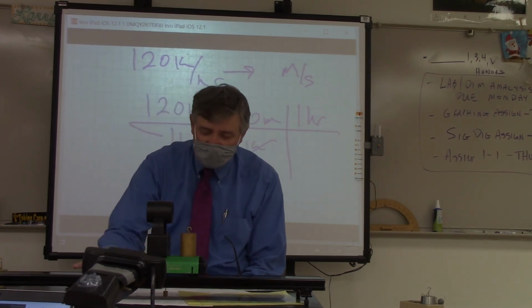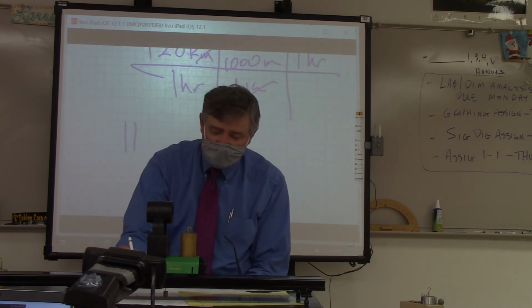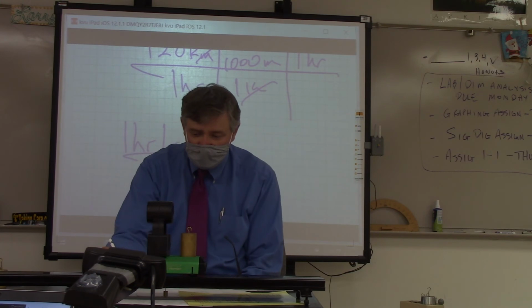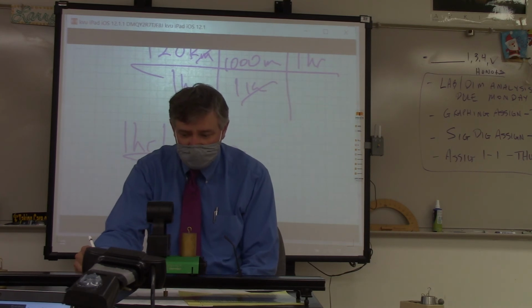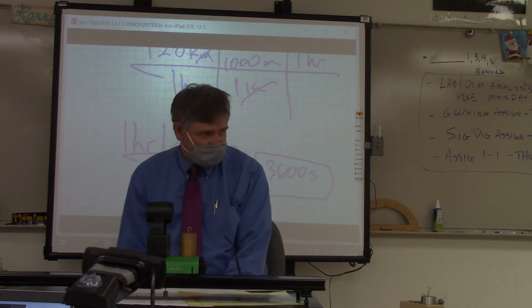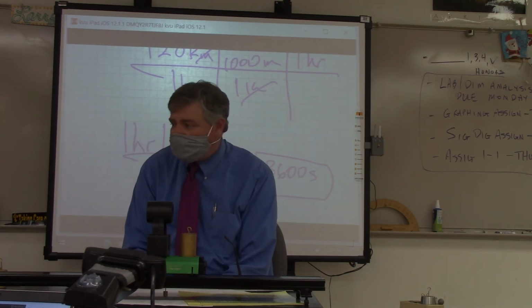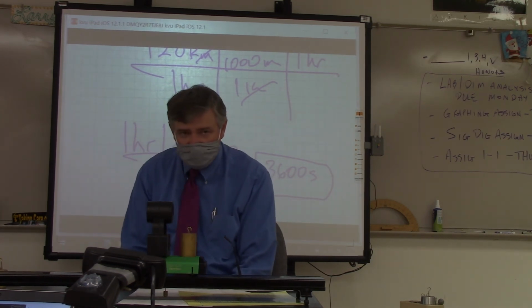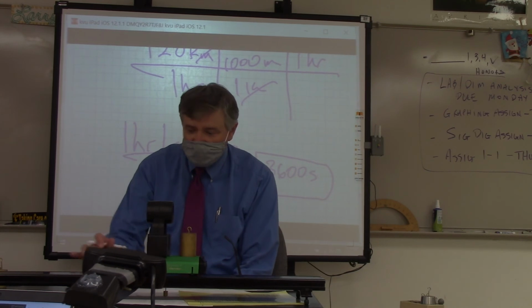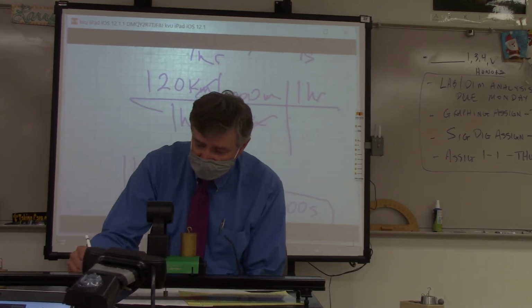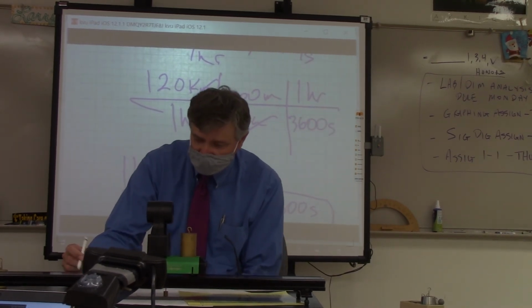So 1 hour is how many minutes? 60 minutes. 1 minute is 60 seconds. 60 times 60 is 3,600 seconds. Not 360, this isn't degrees in a circle, okay? It's 3,600. So that's 3,600 seconds.